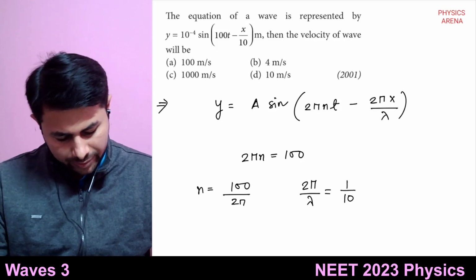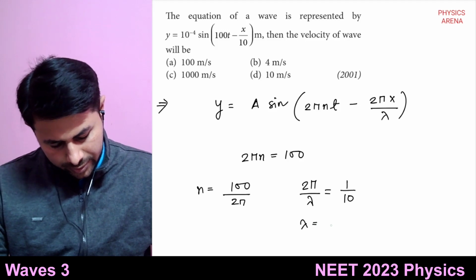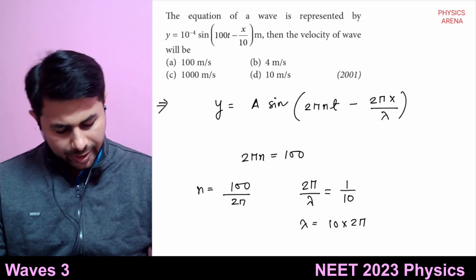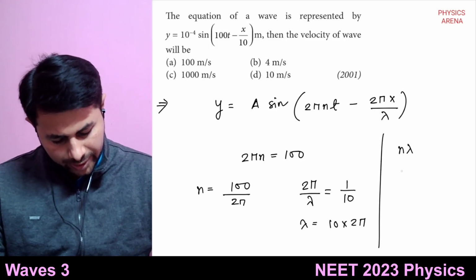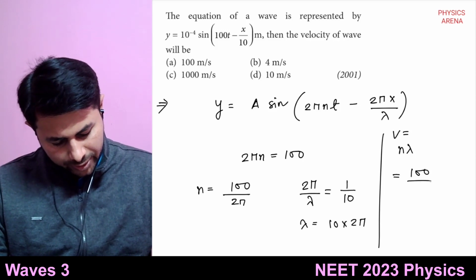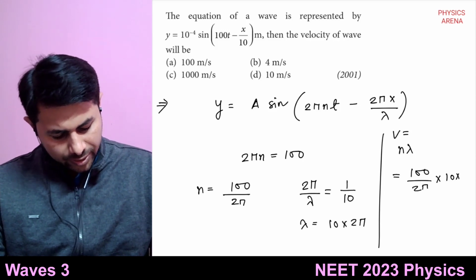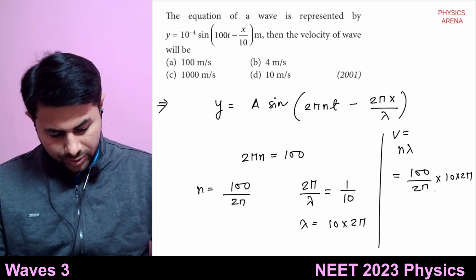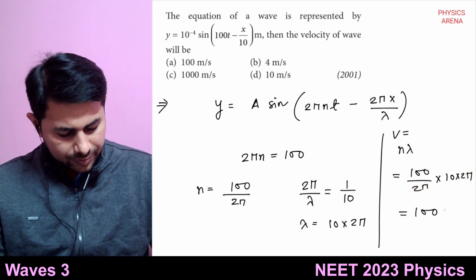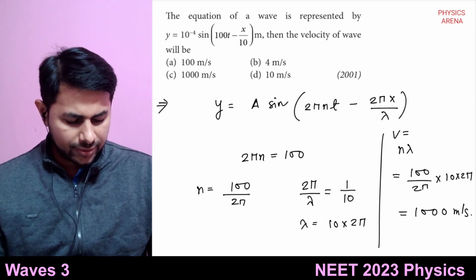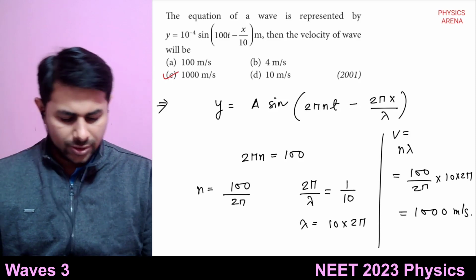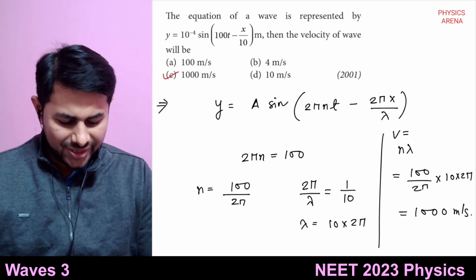So lambda equals 10 times 2 pi. So what will be n lambda? v is equal to n lambda, that is 100 upon 2 pi multiplied by 10 into 2 pi. This 2 pi and this 2 pi get cancelled. So it is 1000 meters per second. Yeah, it's option C.